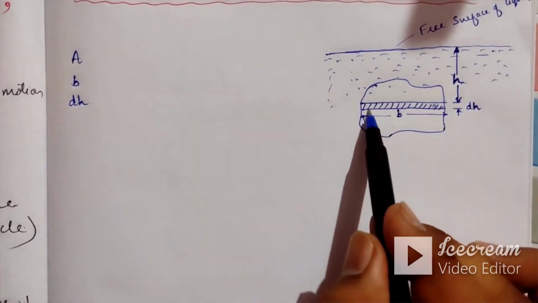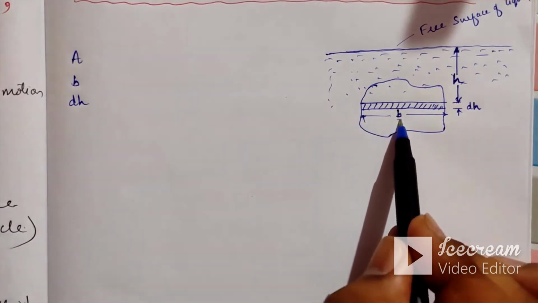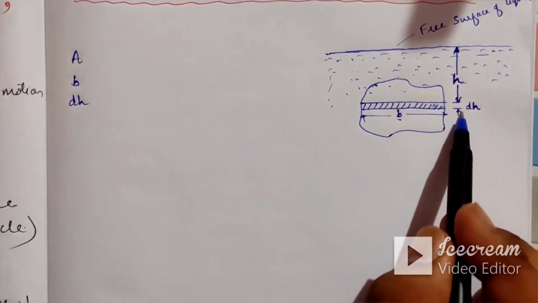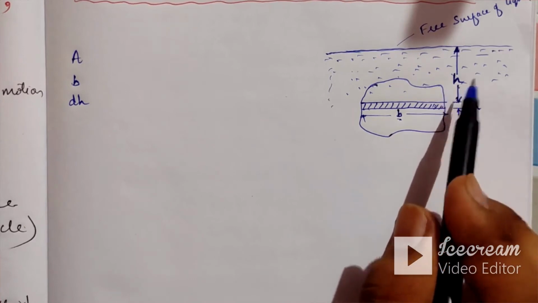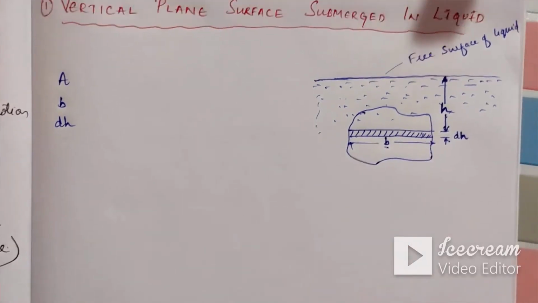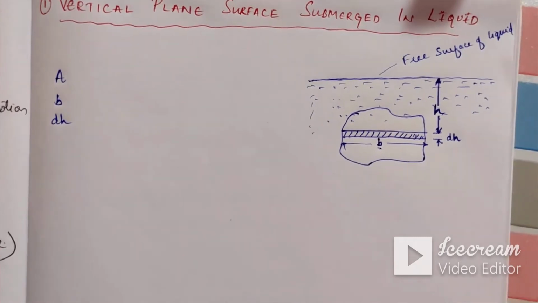What I did is nothing, I just took a shape. In that shape I took an element of breadth B. Let the thickness of the element be dH, and it is at a height of h from the free surface of the liquid.